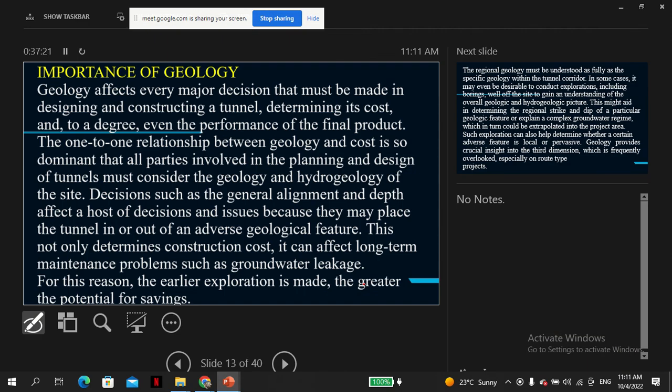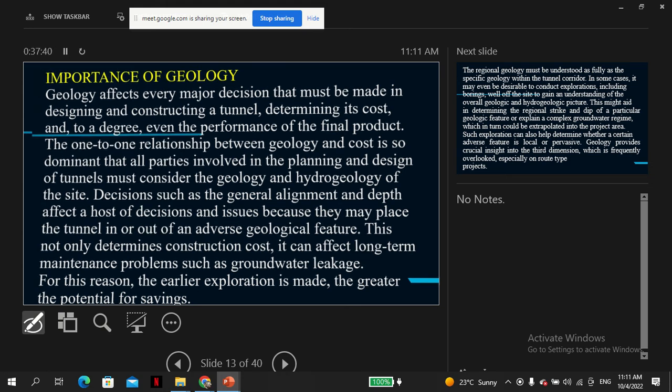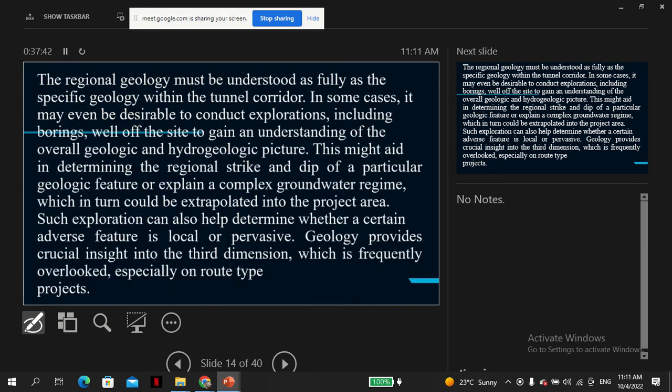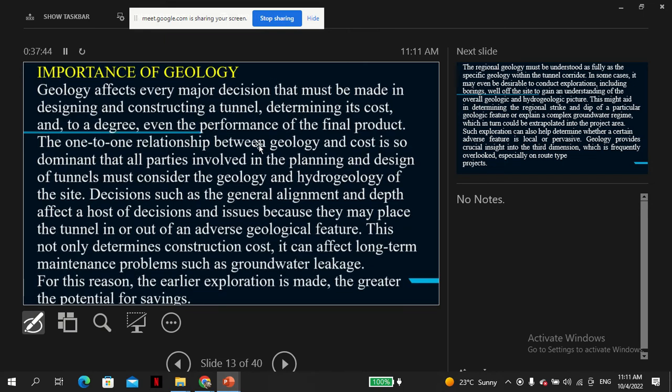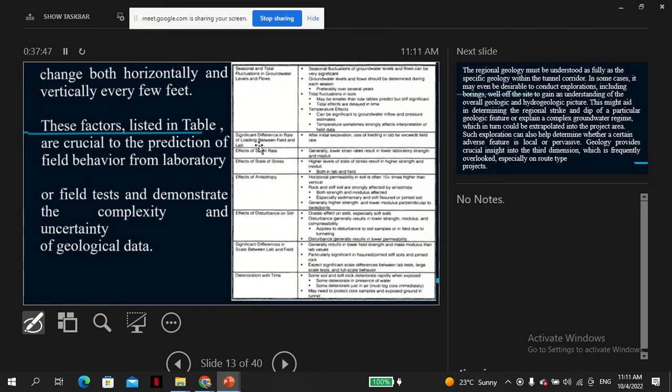Okay, so the importance of geology. I think this one we've talked about.